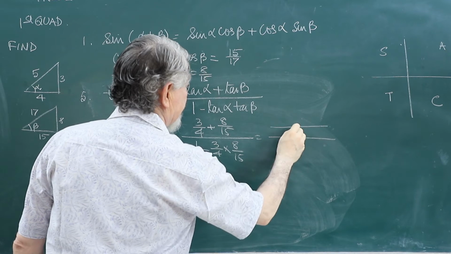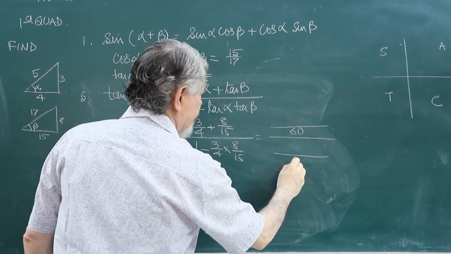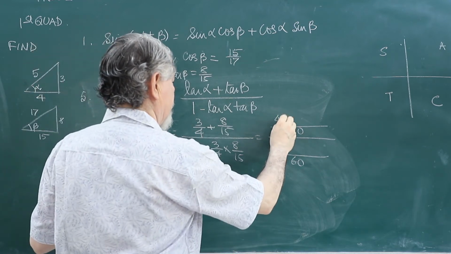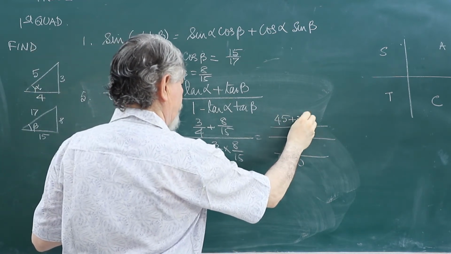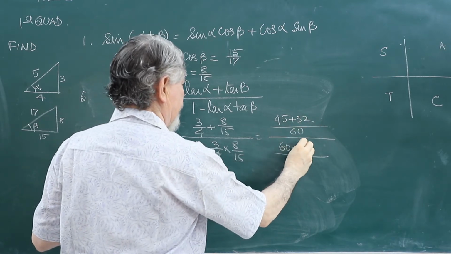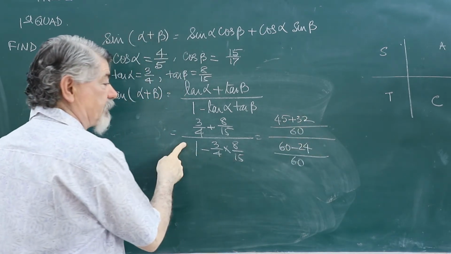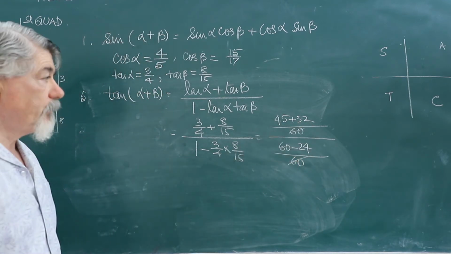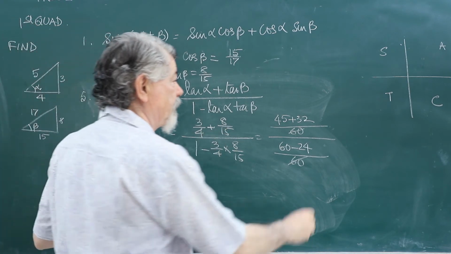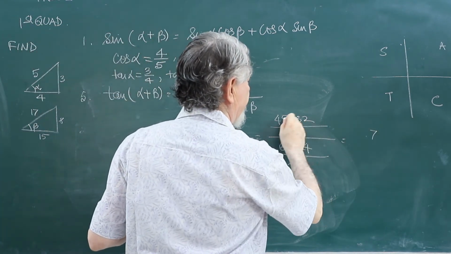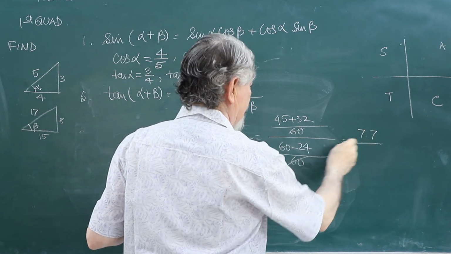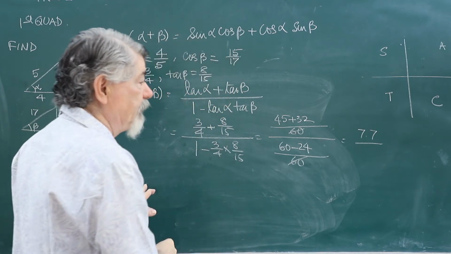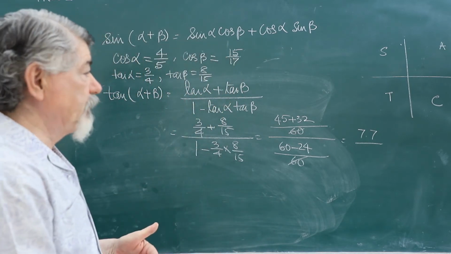LCM will be 60 here, and 60 here also. 15 3s are 45, 4 into 8 is 32. 60 minus 24. 15 4s are 60 will come here. 60 will cancel from both the denominators. 45 plus 32 will be 77. And 60 minus 20 would have been 40, and 40 minus 4 is 36.